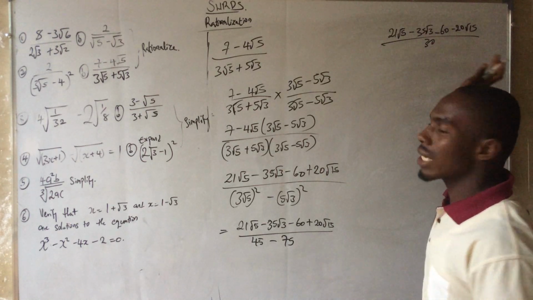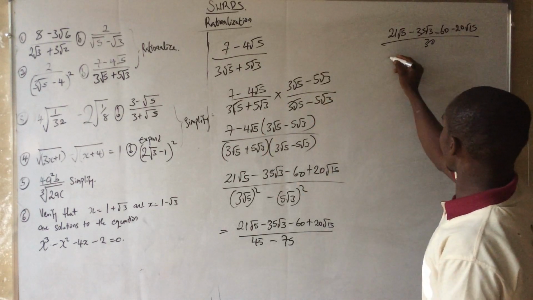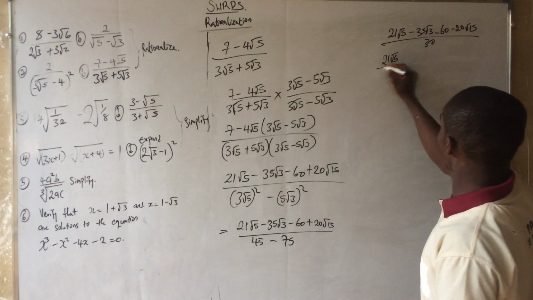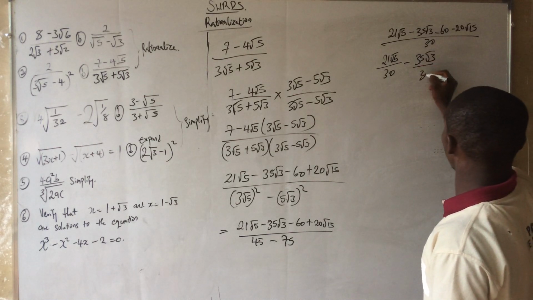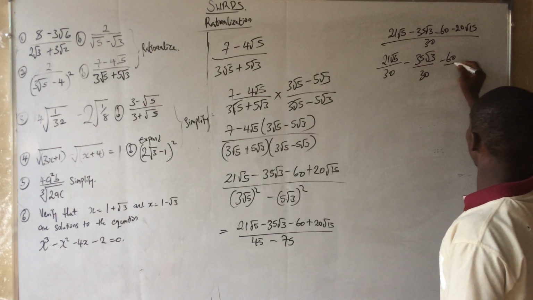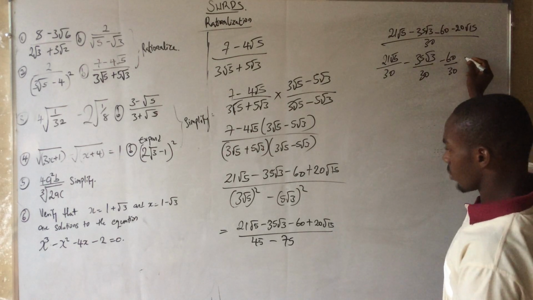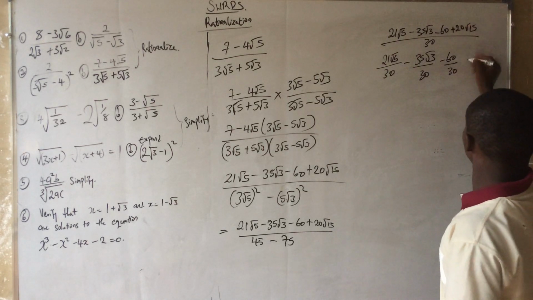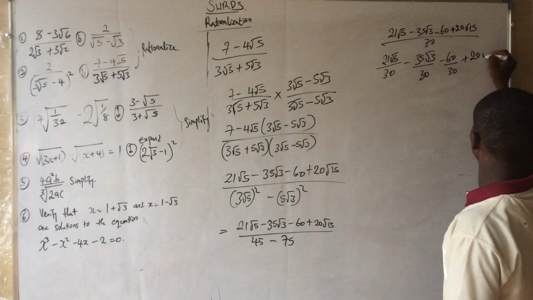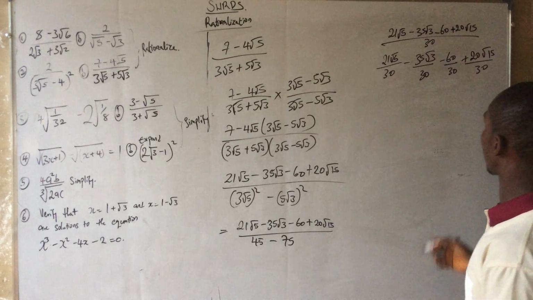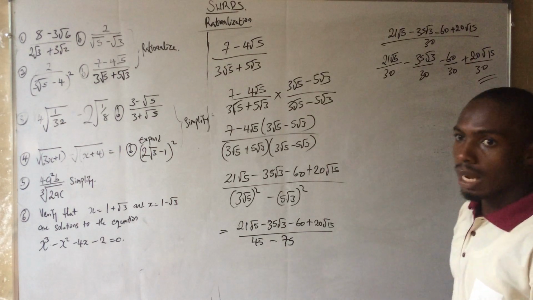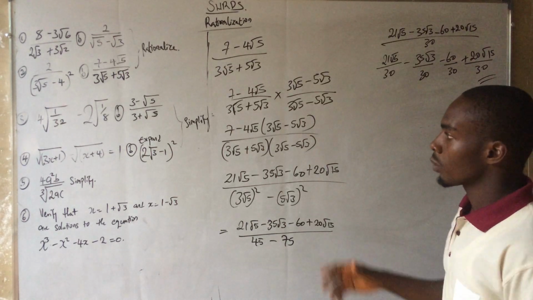So you can split all of them by saying 21 root 5 over 30 minus 35 root 3 over 30 minus 60 over 30 plus 20 root 15 over 30. So you can use this as your answer as the case may be.